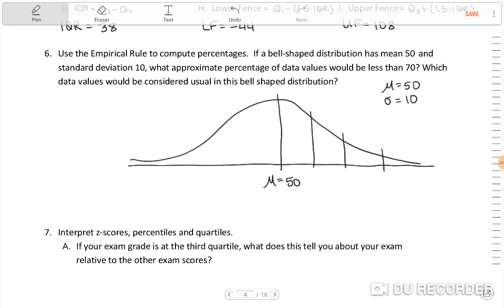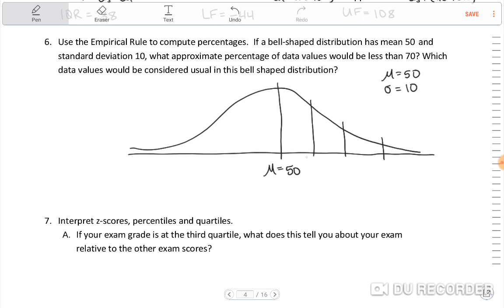Every time you go up by 1 standard deviation, you're adding on your standard deviation. So if I go from 50 up 1 standard deviation, that puts me at 60. Another standard deviation, so 2 standard deviations, I'm now at 70. 3 standard deviations, I'm at 80.